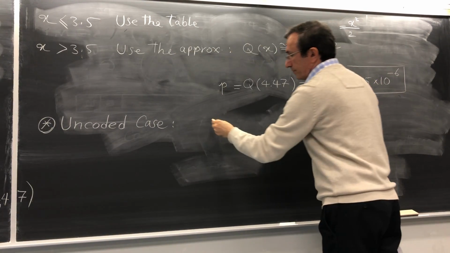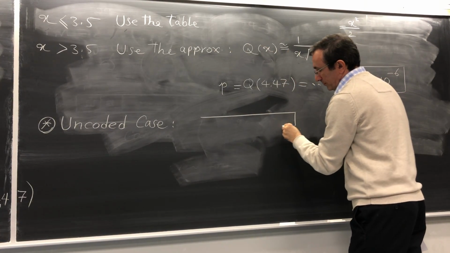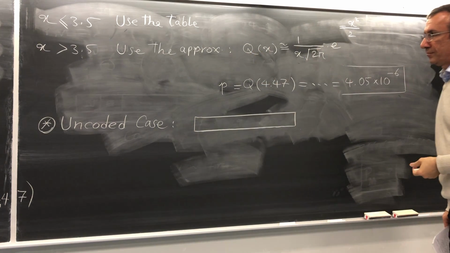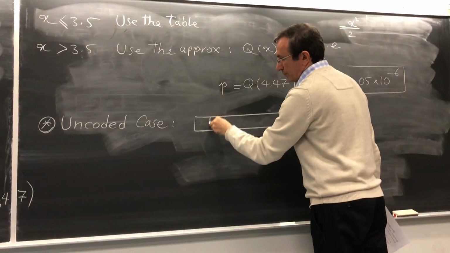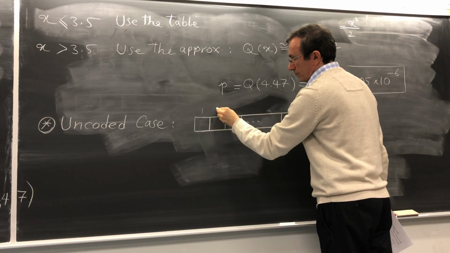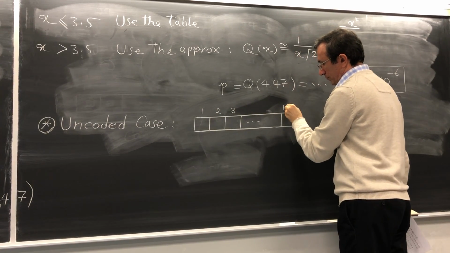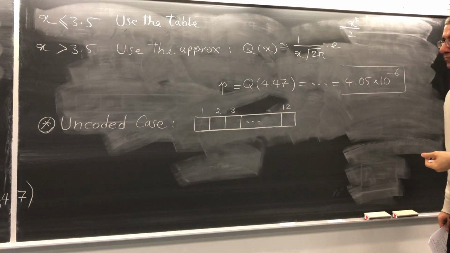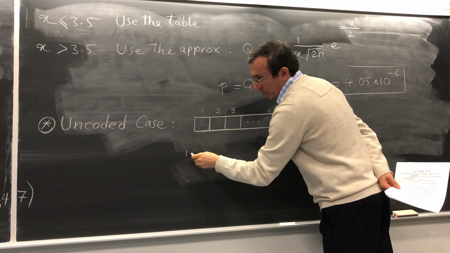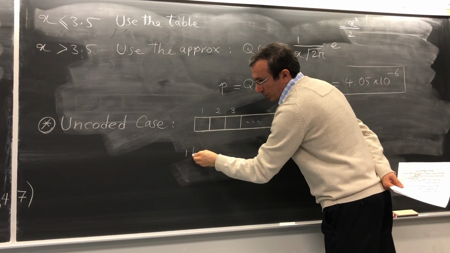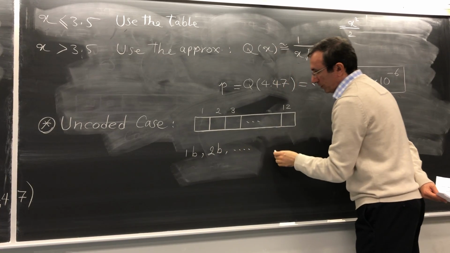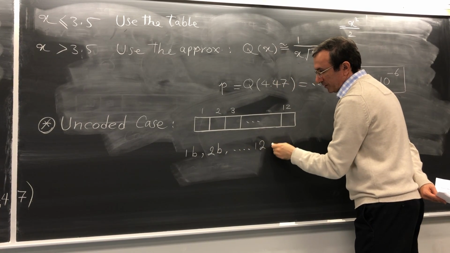Probability of error for a 12-bit word: so we have a summation, right? 1 bit of error, 2 bits of error, all the way to 12 bits of error.